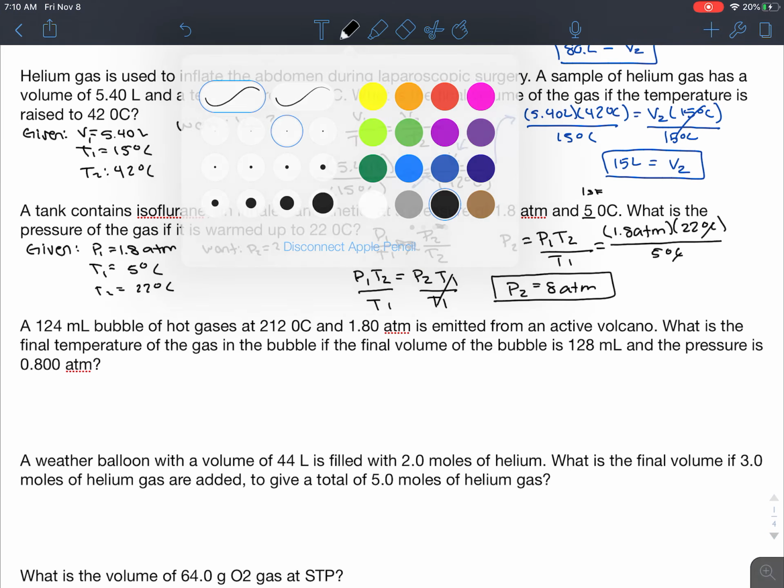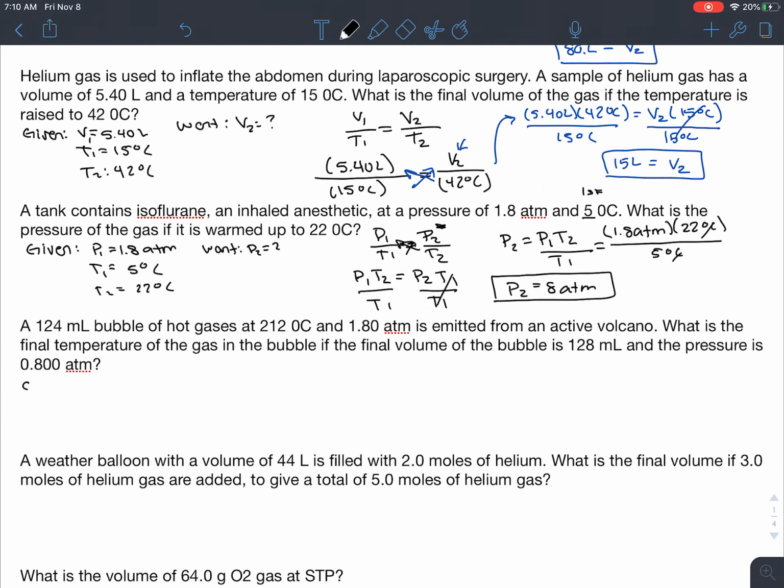Alrighty, let's keep going. So here we have a 124 milliliter bubble. So volume, 124 milliliters of hot gases at 212 degrees Celsius. Okay, 212, so I have a temperature, and 1.80 atmospheres. Okay, so I have another pressure.